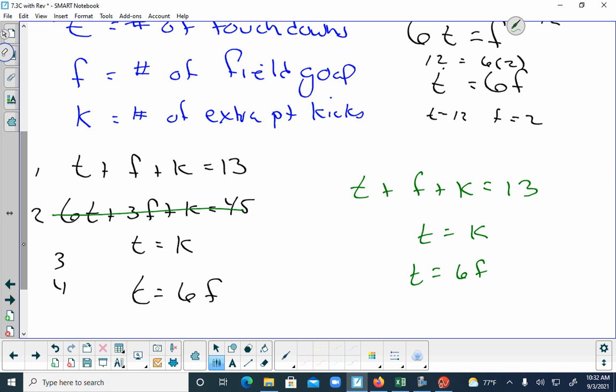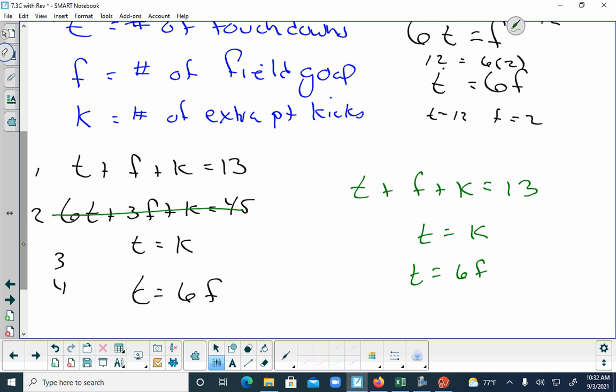How do you want to do it? You started us down this path. How do you want to do it? 6F.